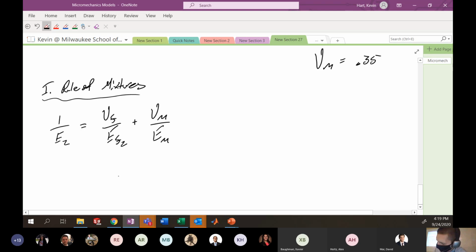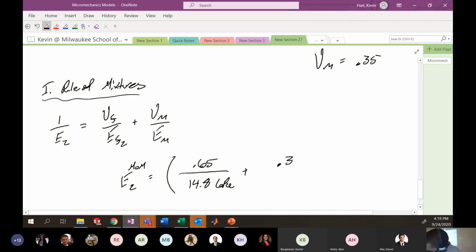All right. You may often see this solved in this general fashion. I'll put this as E2, and maybe I'll give it a MOM because you all love your mothers. I'm going to write this as volume fraction of fibers 0.65 divided by the modulus of the fibers in the 2 direction, 14.8 GPa, plus the volume fraction of the matrix, which we said is 1 minus the volume fraction of the fibers, all divided by the modulus of the matrix, 3.45.